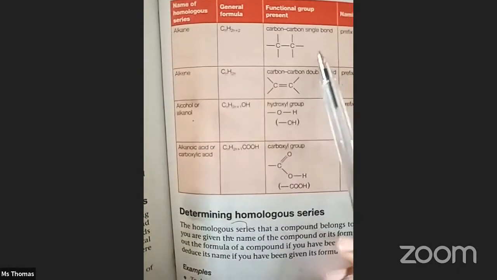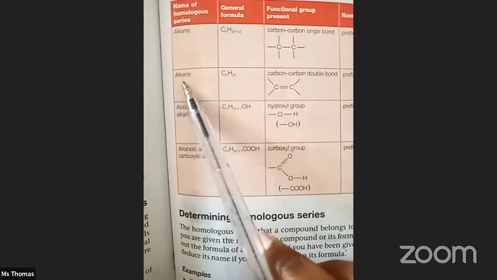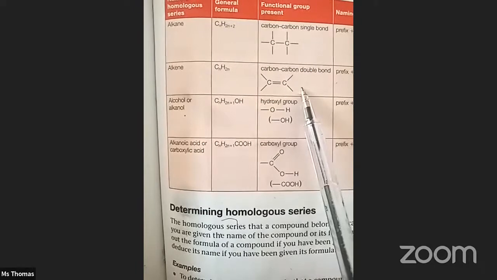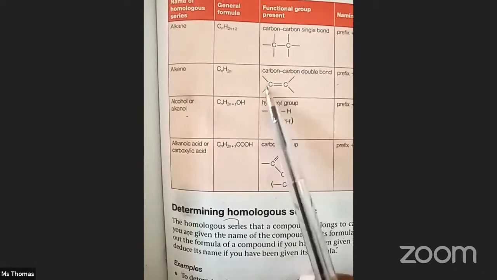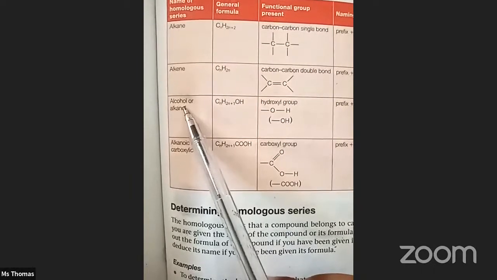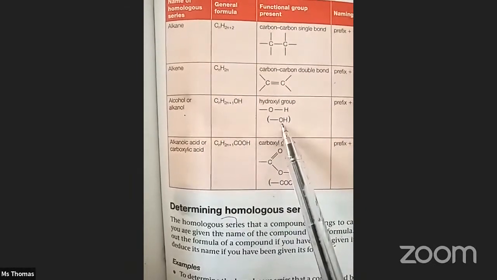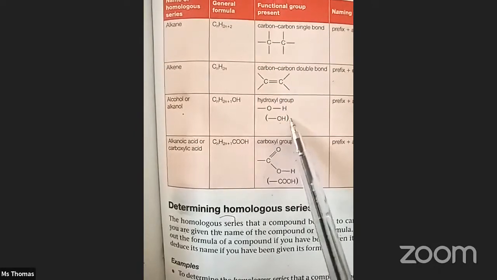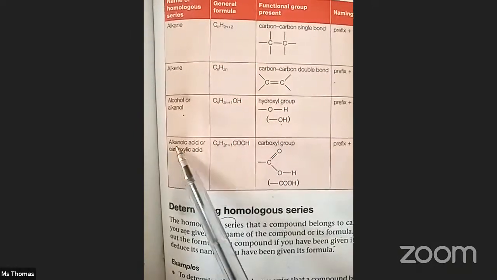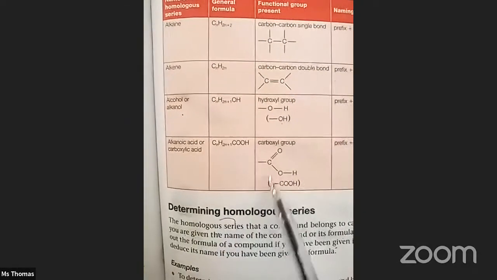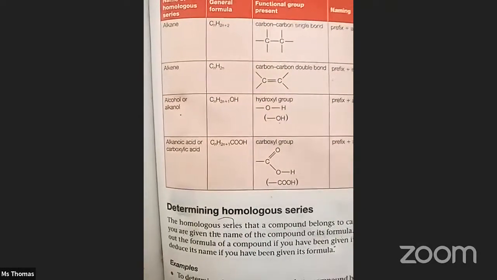What about alkenes? Alkenes have carbon-to-carbon double bonds. Alcohols have what functional group? The hydroxyl or the OH group. And alkanoic acids have the carboxyl group, which is the C double bond OOH.